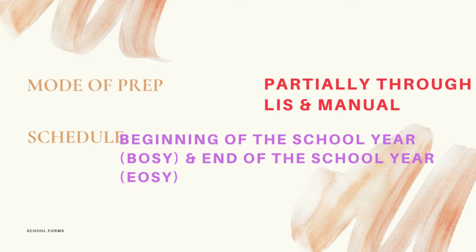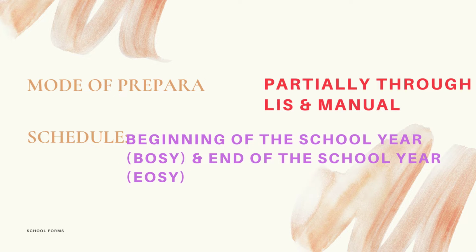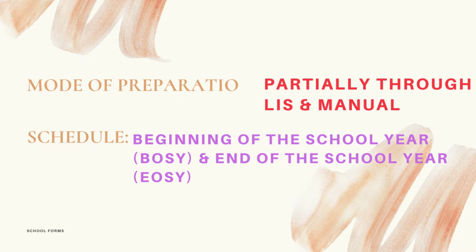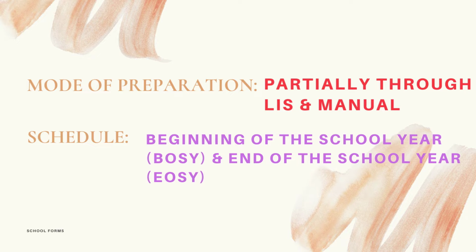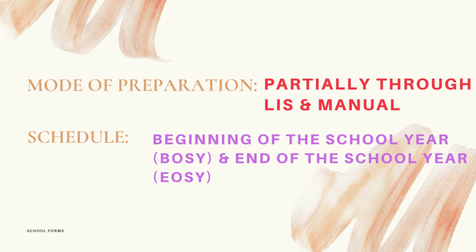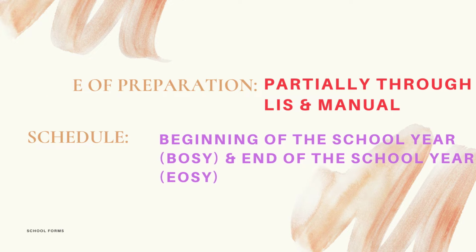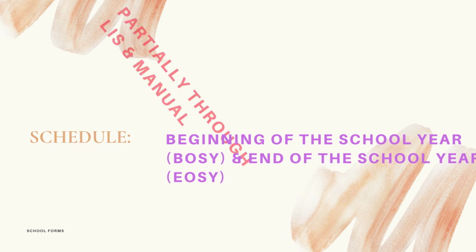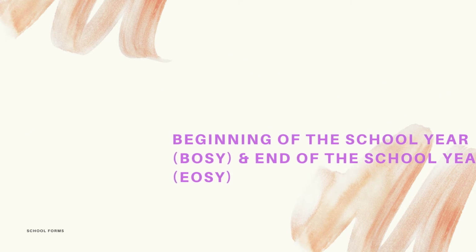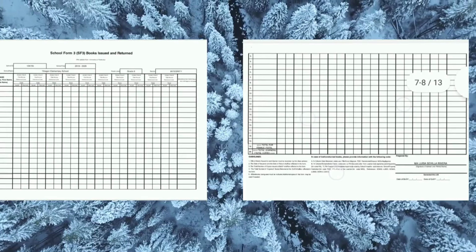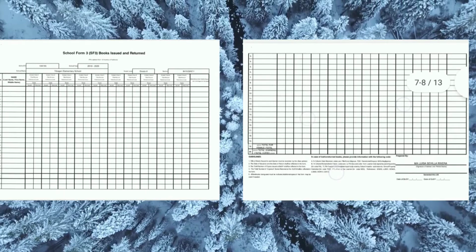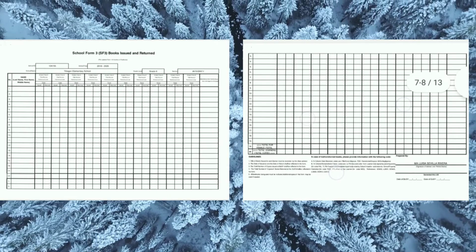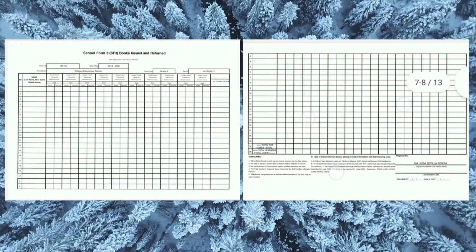Mode of preparation: partially through LIS, because you can download this on your LIS and manually indicate the books by writing them under each student's name. Beginning of school year, BOSY, and end of school year are the scheduled preparation. The sample template of SF3 or School Form 3.